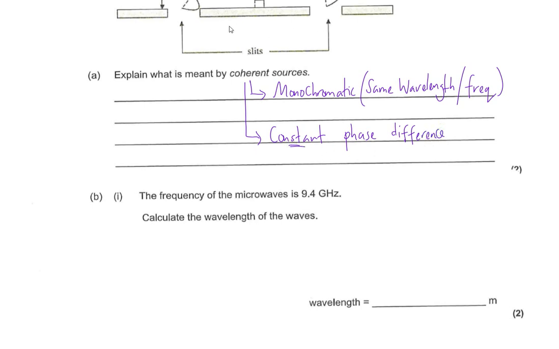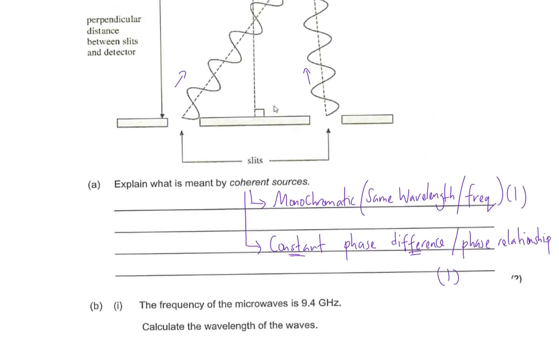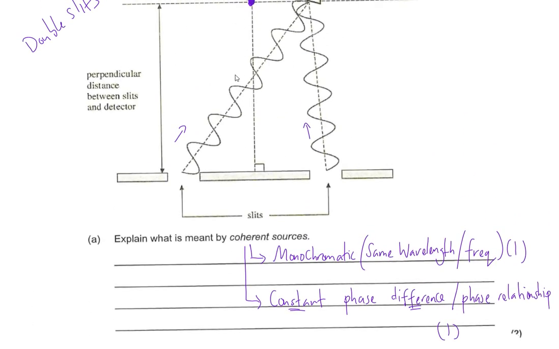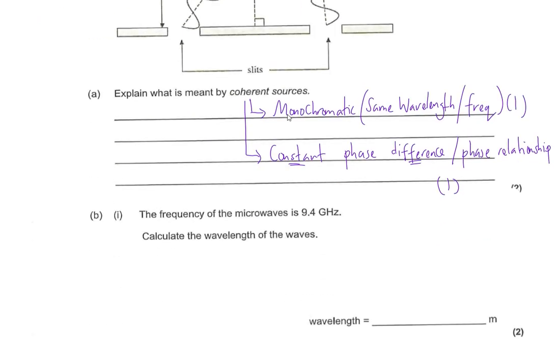These two waves must have the same phase difference. So that's what you get the marks for: one mark for monochromatic and one mark for saying constant phase difference, because those two waves are coming out, and the difference in phase between them must be the same.